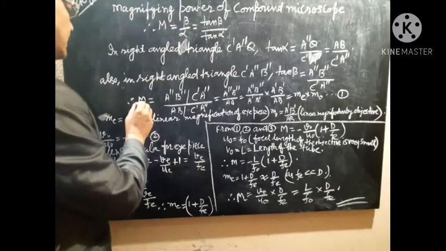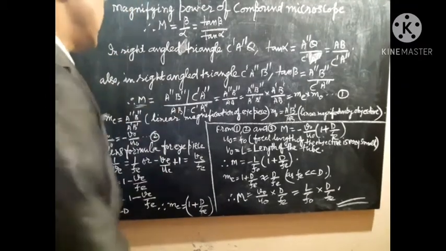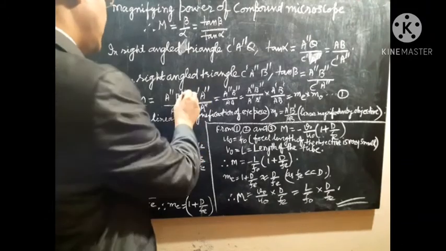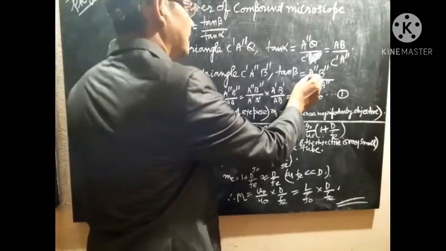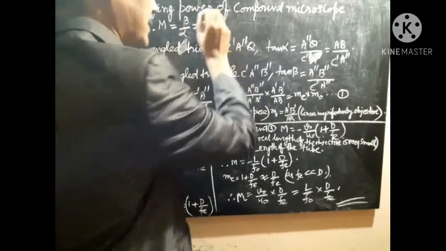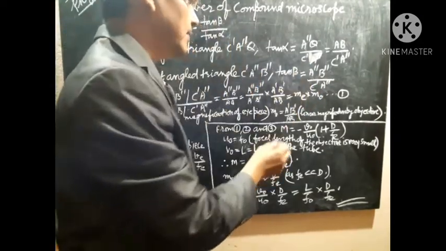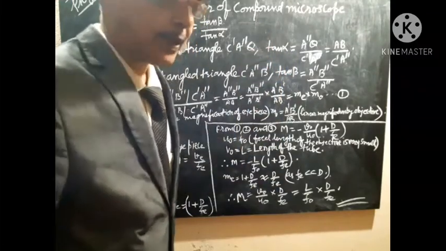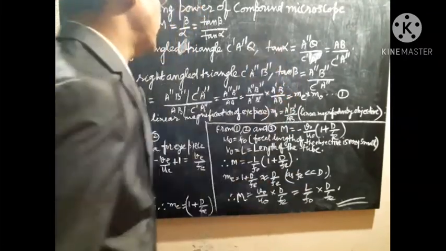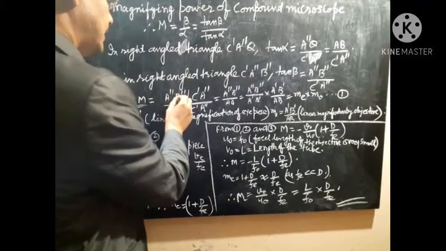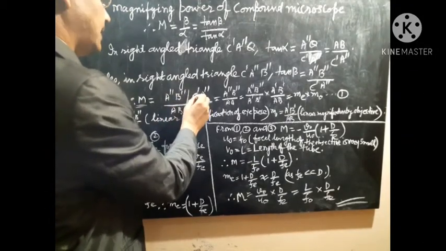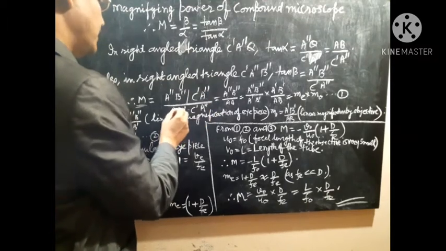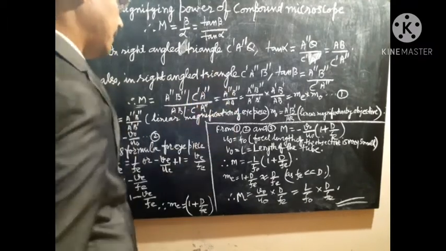Now next thing, magnification is equal to tan beta by tan alpha, so you will put the values of tan beta and tan alpha. Tan beta is A double dash B double dash by C dash A double dash, divided by AB by C dash A double dash.